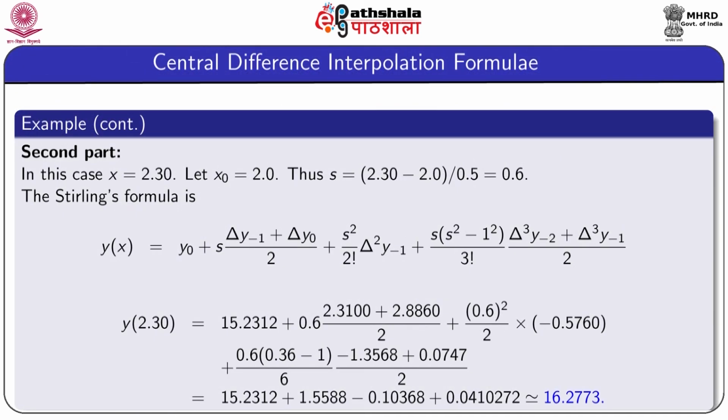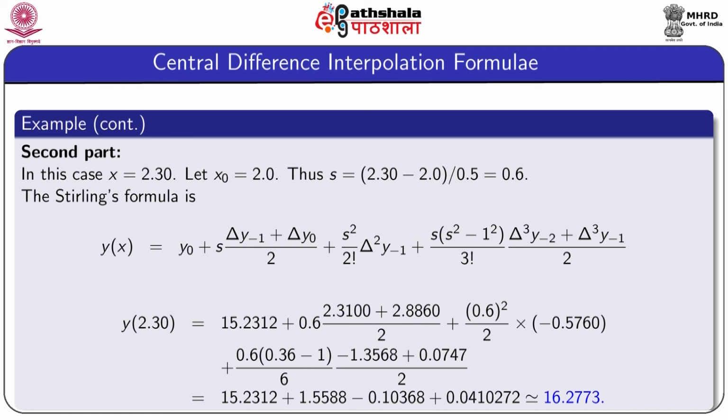Now, we use the Stirling formula to calculate the value of y when x equals 2.30. In this case x equals 2.30, and we consider x0 equal to 2, so the value of s equals 2.30 minus 2, whole divided by 0.5, which is equal to 0.6. The Stirling formula is y x equals y0 plus s times the average of delta y1 and delta y0 plus s square by factorial 2 delta 2 y minus 1 and so on.